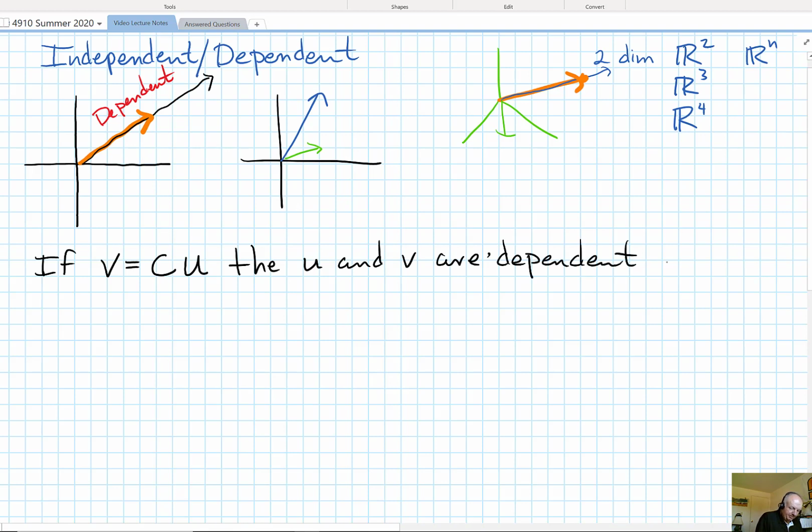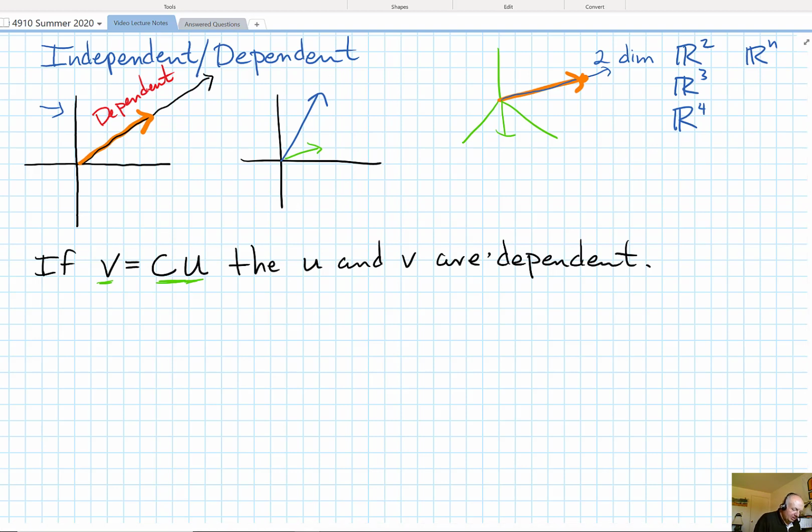Now think about that. If v is just u times some multiple, what happens when you multiply a vector times a scalar? It just makes it longer or shorter or puts it in the exact opposite direction. So in other words, if v is equal to some scalar multiple of u, then they are dependent. That's the notational version of this.